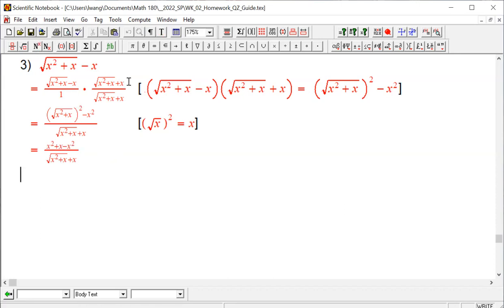Then you can see x squared and x subtracting x squared will make 0. And so in the end, we just have x over the denominator. So it is rationalized. Even though in your calculus class, you still have to do one more step or maybe 2 more steps to make things happen.